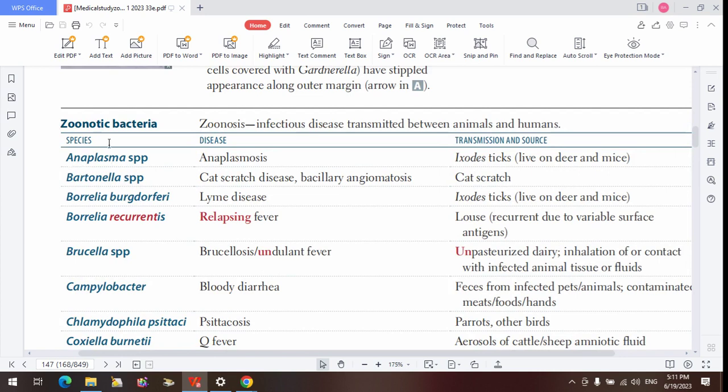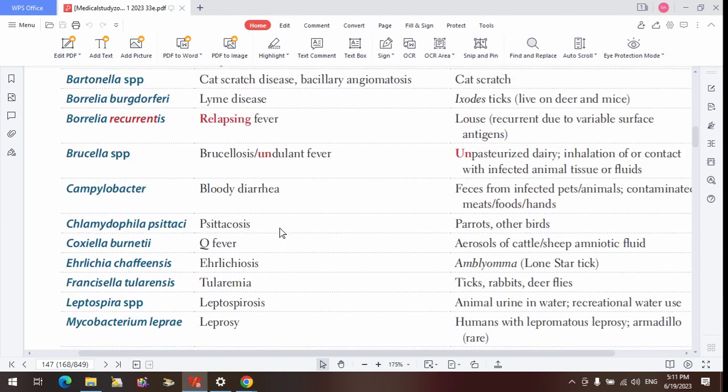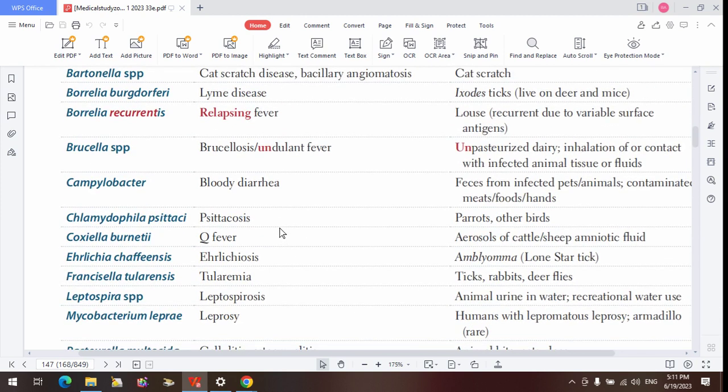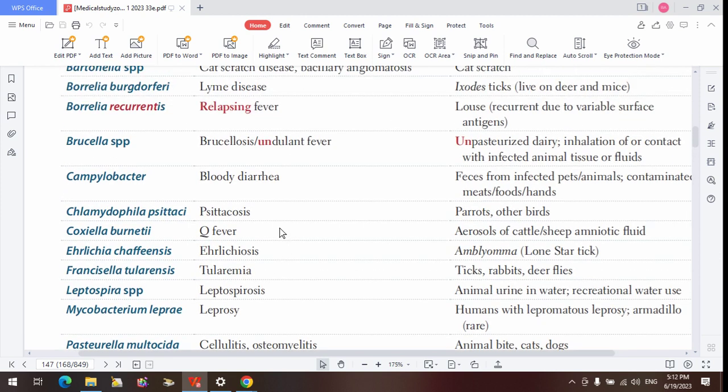Can anybody remember anything about anaplasma? The tick. Fantastic. So what did we say a tick can transmit? It can transmit anaplasma. It can transmit Lyme disease. And then one more thing, babesia. Babesiosis. Yeah, Babesia.